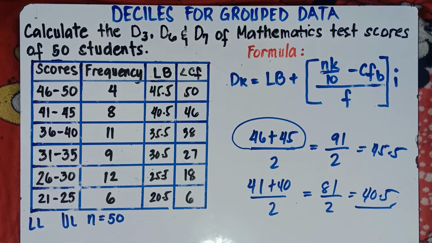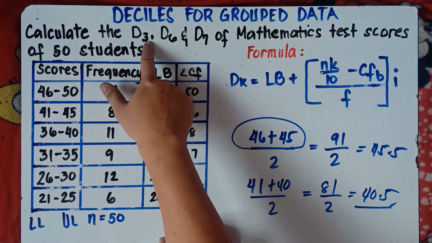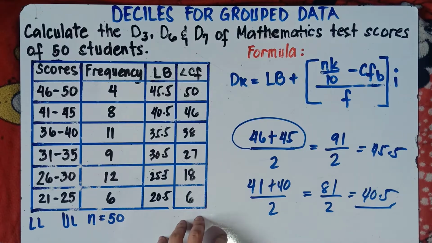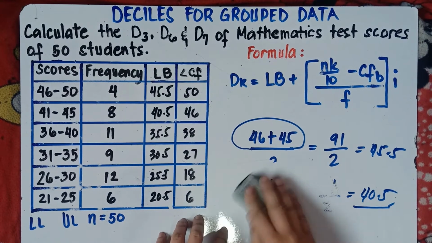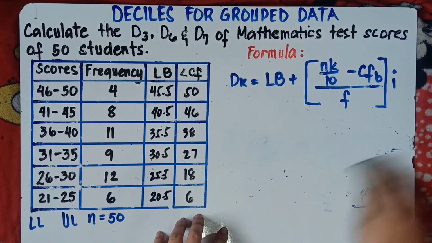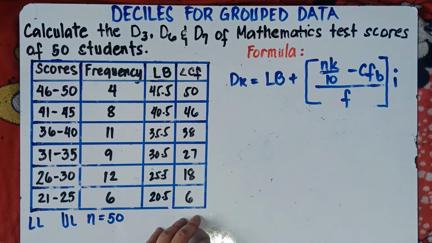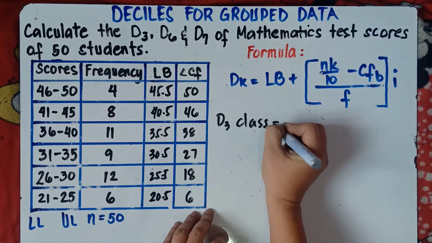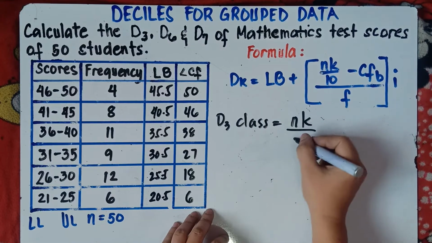Now, next step, class, is we need to get the third decile class. Once again, we start finding the third decile. To use this formula, we need to get the third decile class, and we have another formula for that. The formula is nk over 10.